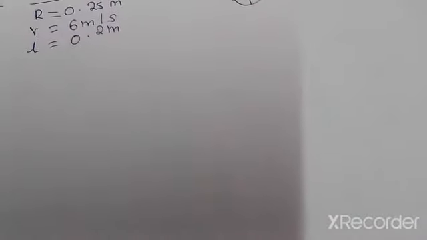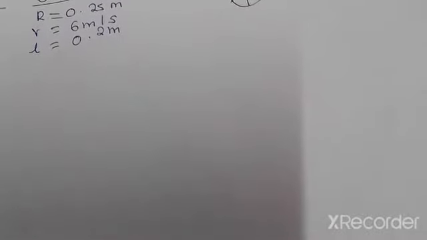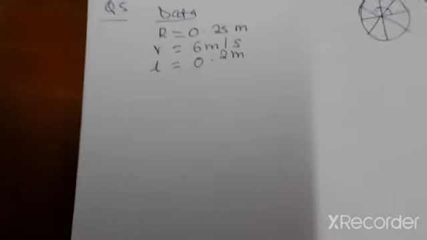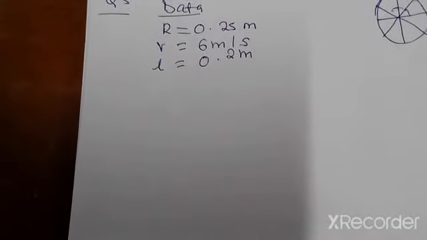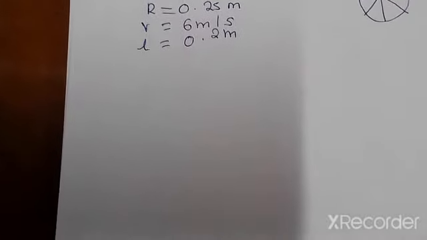Now, the information we've been given is that this wheel has to move at a certain speed, and that speed we've been given is 6 meters per second. The distance that this wheel will have to cover in angular terms, we are yet to find out.